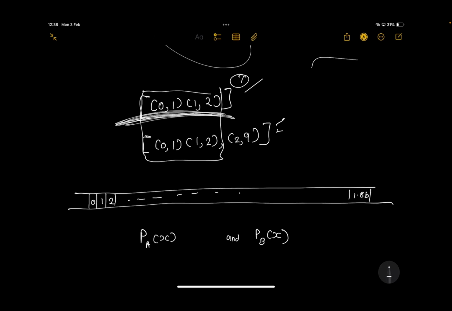If they are different, there are some points here that you will pick where they will be the same. Those are the things that will deceive you. Like imagine you randomly pick one of those D points where they are supposed to be the same. You say yes, the two polynomials are equal, when in fact they are not equal.